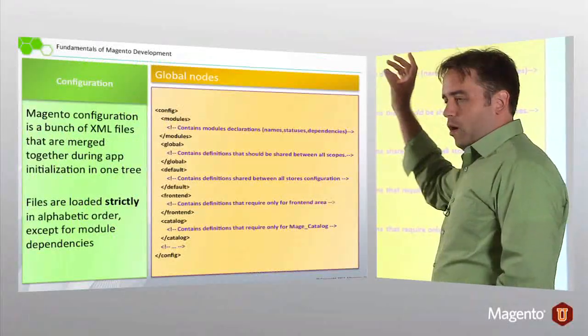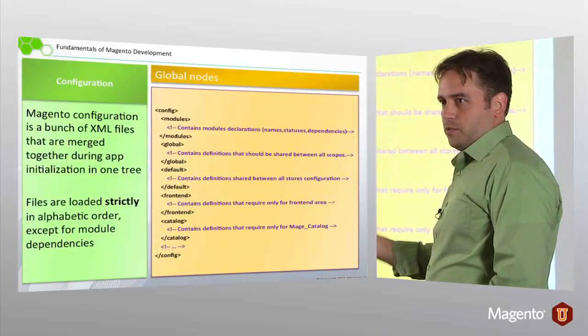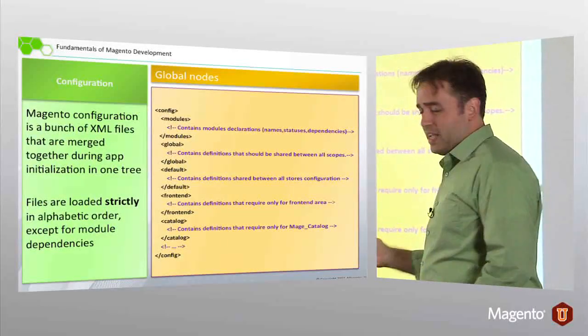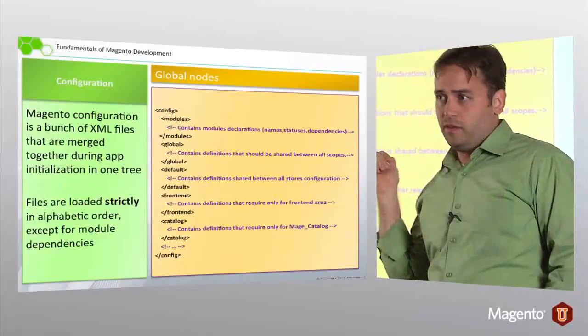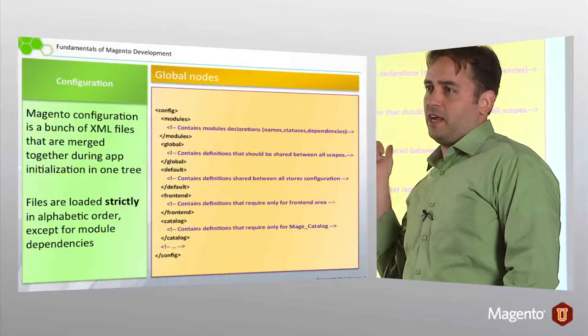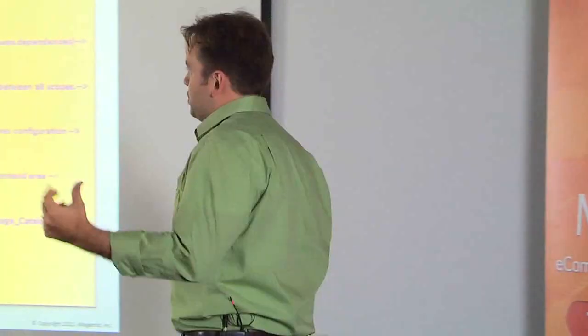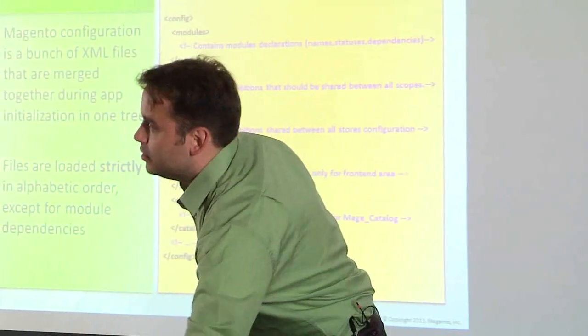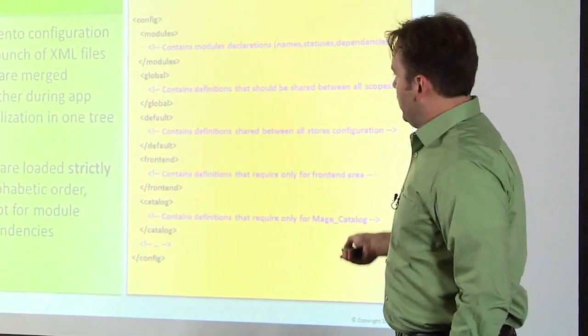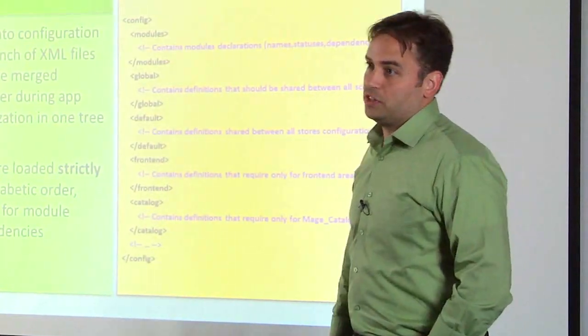So all of those XML files in app.xml modules, and then based on what we found here, if for enterprise banner the active flag was set to true, then the system is going to go and look for the etc folder inside of each module's directory, and then inside there, look for config.xml. And again, config.xml will also have a root node of config, and then basically anything else it wants to have inside.